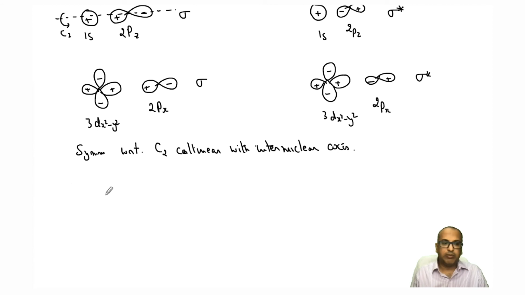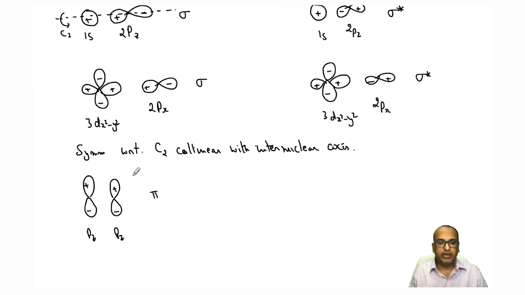Now let us look at the pi, pi star interactions. So pi, pi star interactions will be sideways interaction of these lobes. So for example, if I have pz interacting with pz, and I have positive phase interacting with positive phase, negative interacting with negative, then this would be called pi interaction.